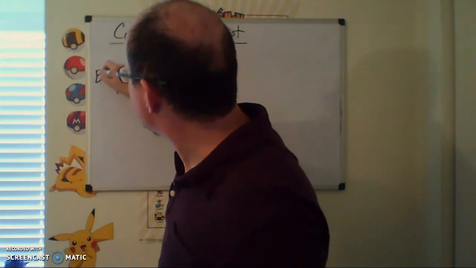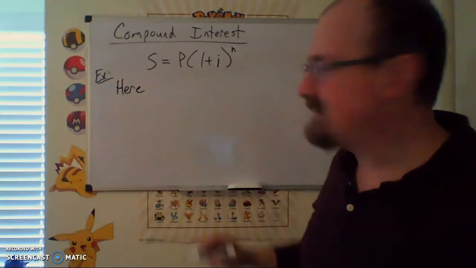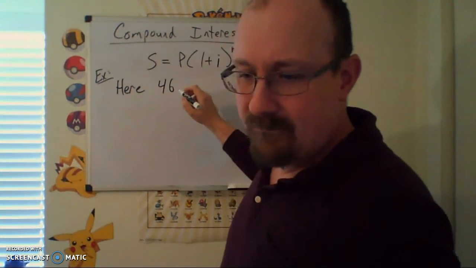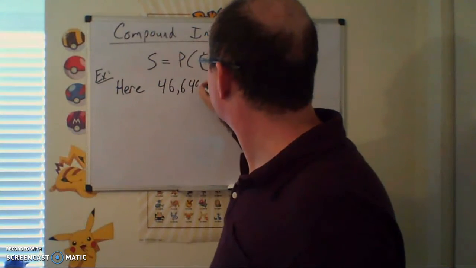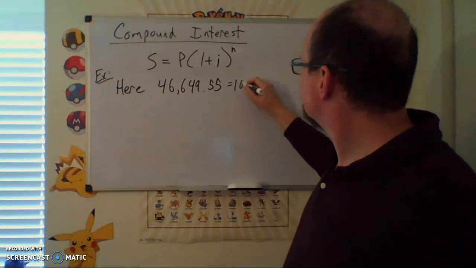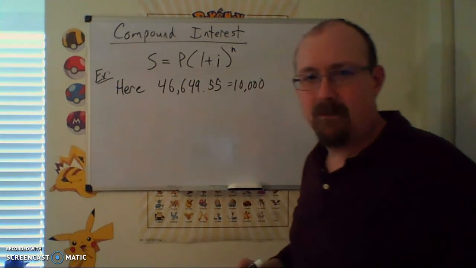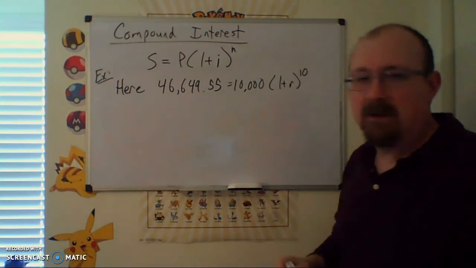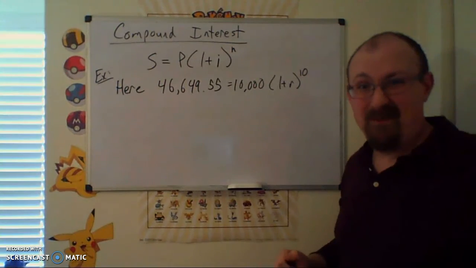So in this last example, we've got the future value, which was 46,649.55. We got 10,000 over there. 1 plus r. We can't really do anything else with that at this point.